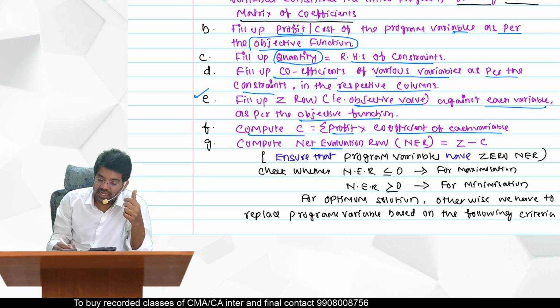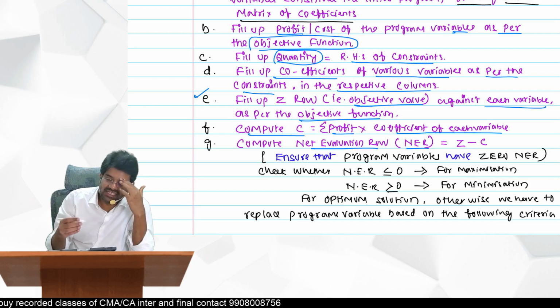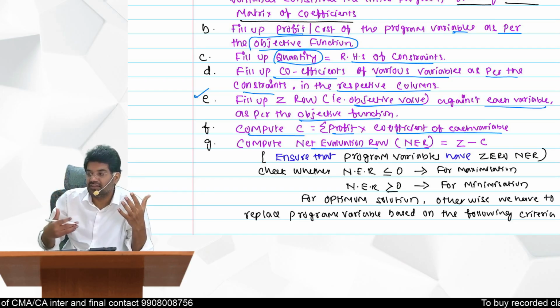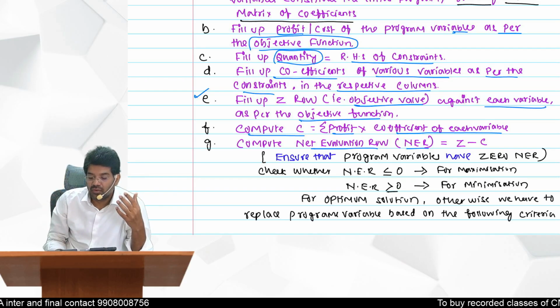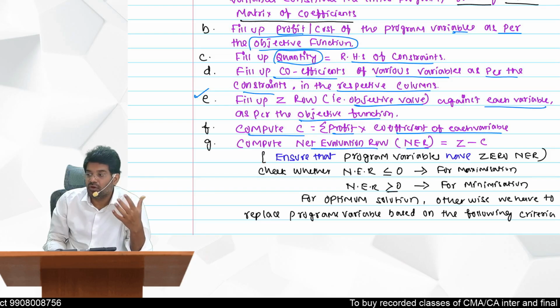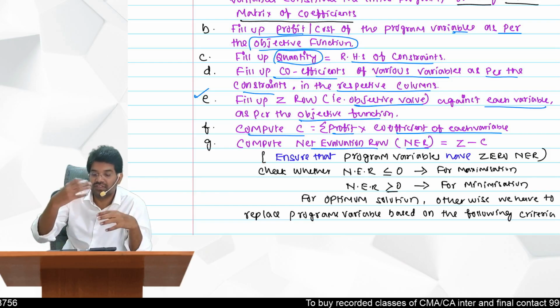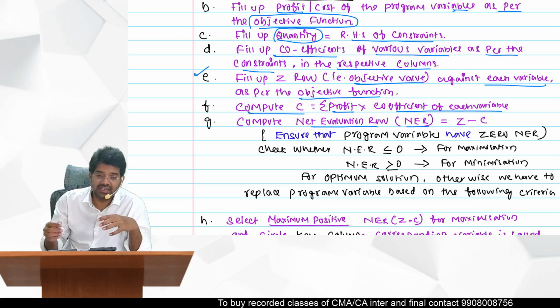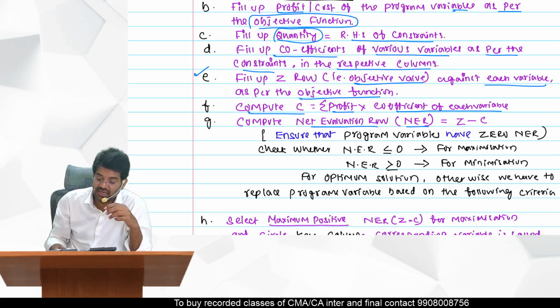Now compute the net evaluation row, NER, which is Z minus C. Z is the contribution per unit, and from that you deduct what the profit would have been had you introduced 1 unit of that. So NER is nothing but Z minus C. Let us calculate Z minus C.